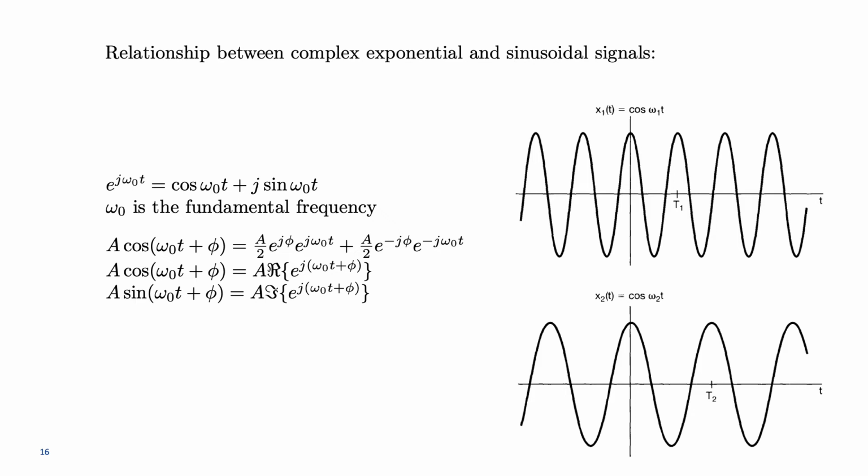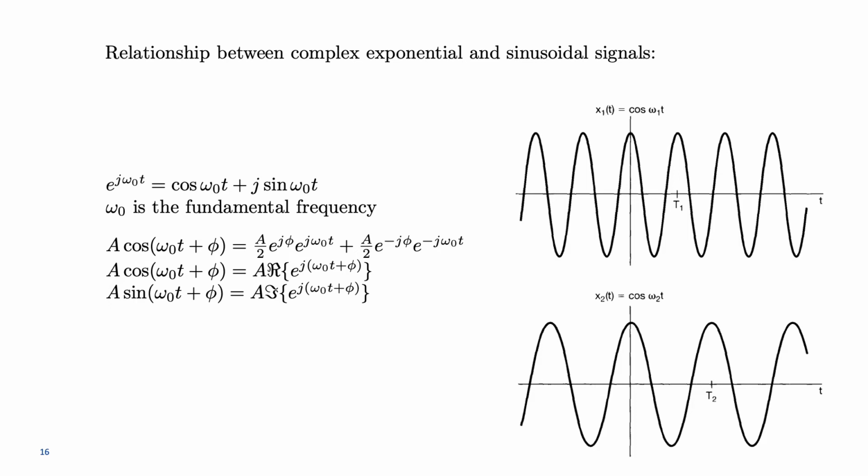So for example, a cosine omega 0 t plus a phase phi can be written as a over 2 e to j phi e to j omega 0 t plus the same with the opposite exponents, a over 2 e to minus j phi e to minus j omega 0 t. Equivalently, you can write a cosine omega 0 t plus phi as a times the real part of that complex exponential, e to j omega 0 t plus phi. For the sine, it's the same thing, but you use the imaginary part.